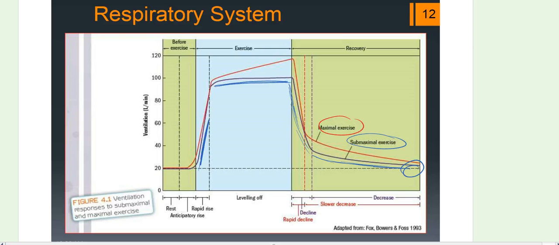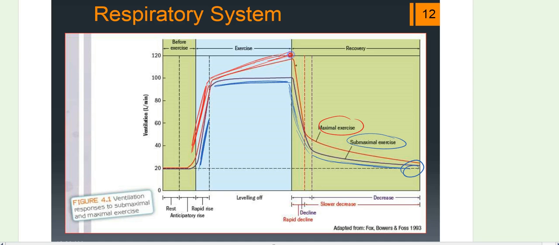Slightly different during maximal exercise. Again, we get our initial very sharp increase to try and meet needs. However, at this point our ventilation will continue until we can't ventilate any more. So rather than plateauing off because we've met our needs, we keep on ventilating as much as we possibly can, and it continues to increase.